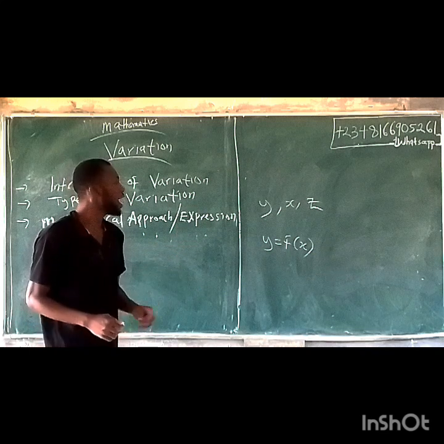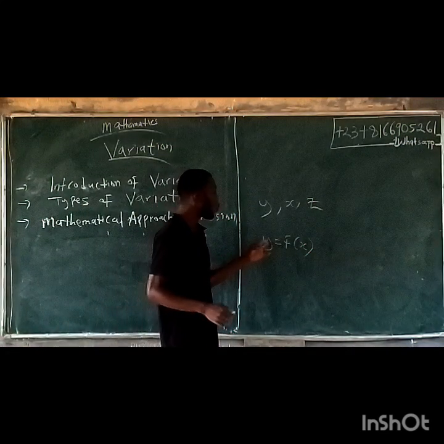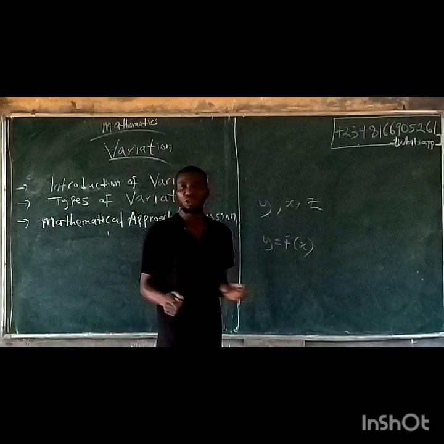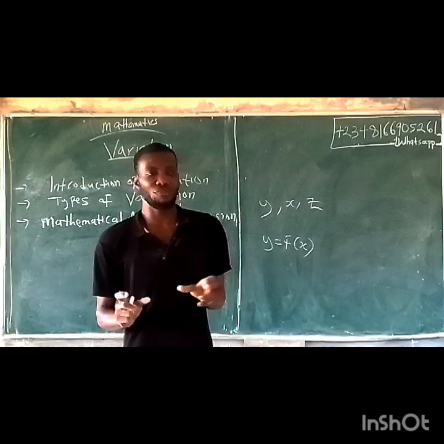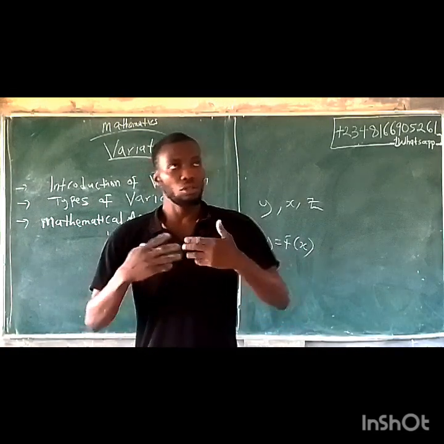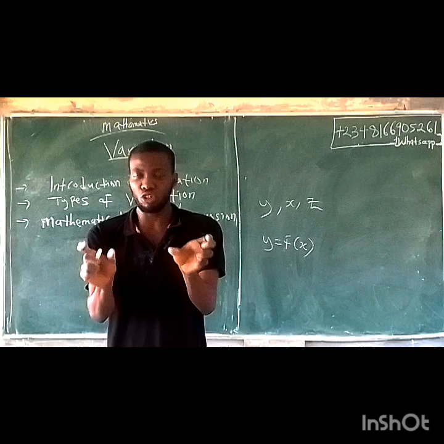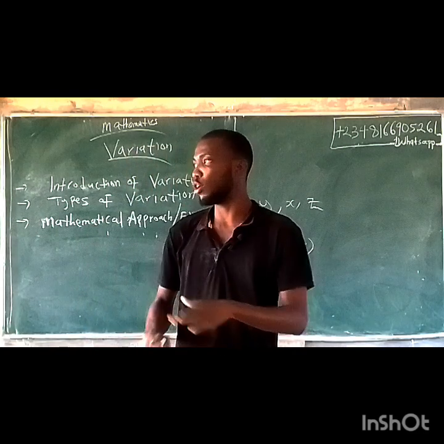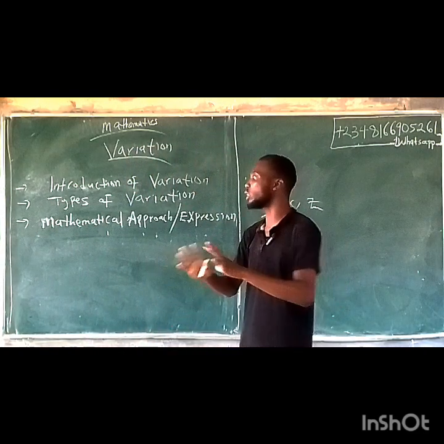So this is the variable, that is y, and that of the x. So variation can also be defined as a function of a given variable, which shows the relationship between the variables.